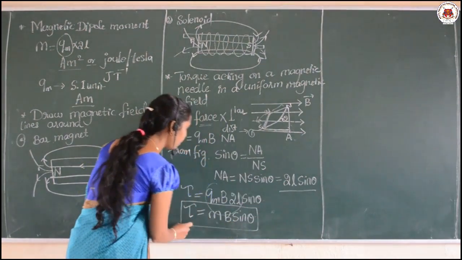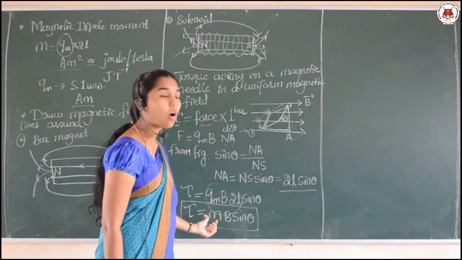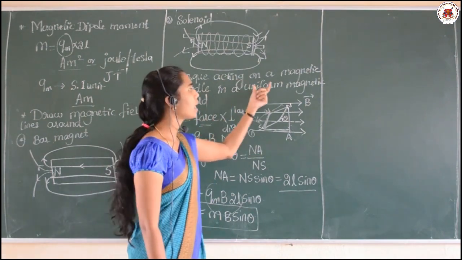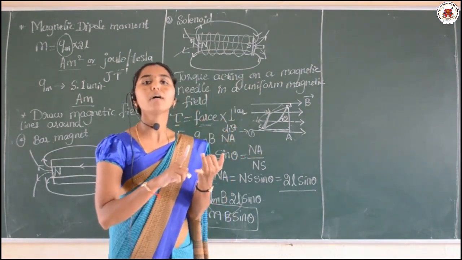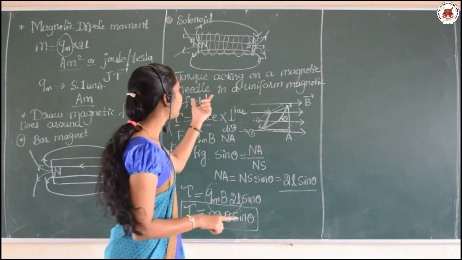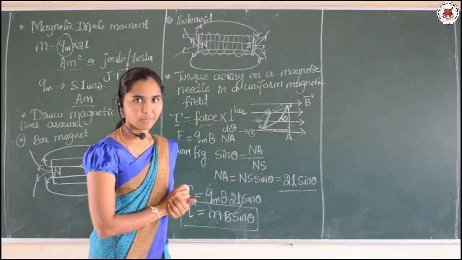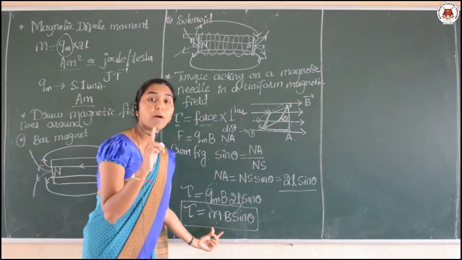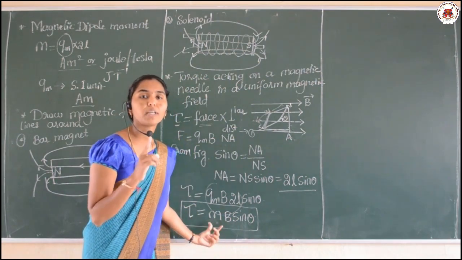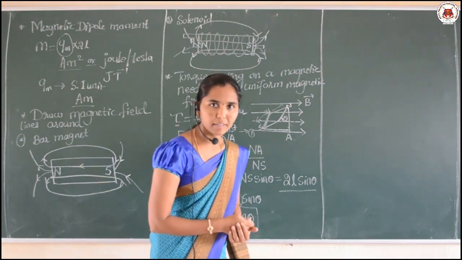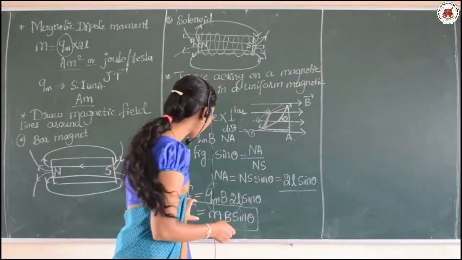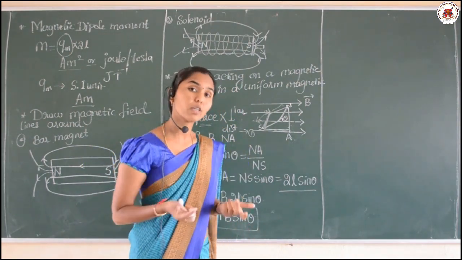Remember dear children, this is the torque acting on a magnetic needle. You can take a magnetic needle or a bar magnet kept in a uniform magnetic field. This is the magnitude form of the torque, and torque is a vector quantity. Then how to write the same torque in the vector form?